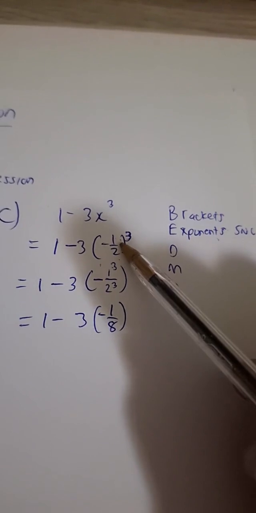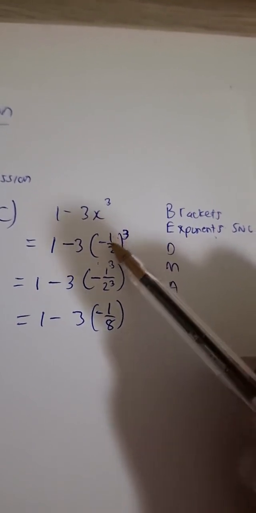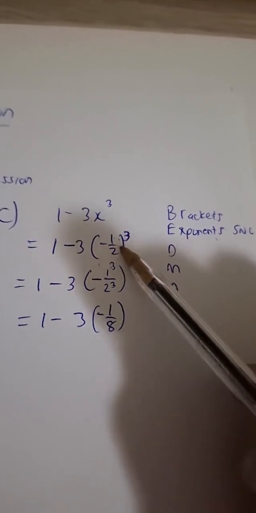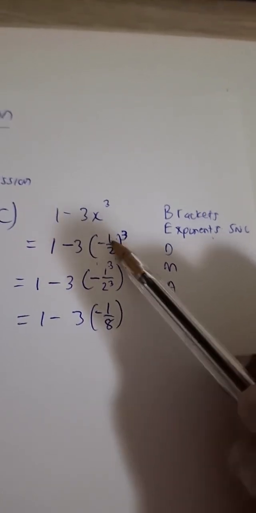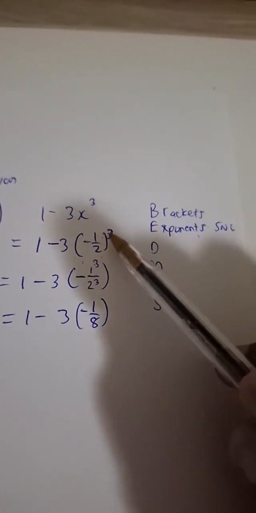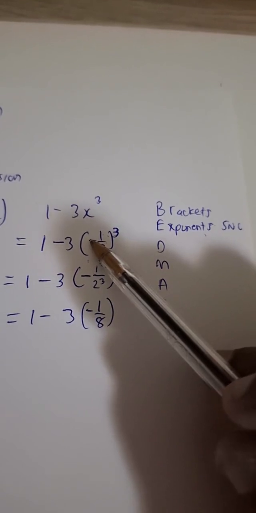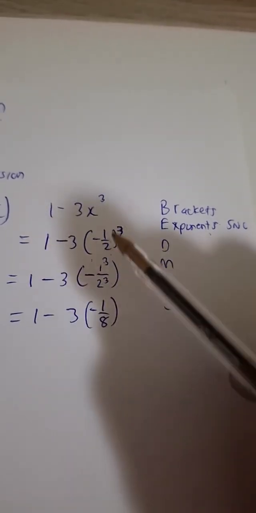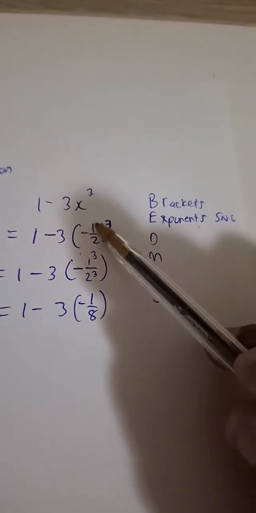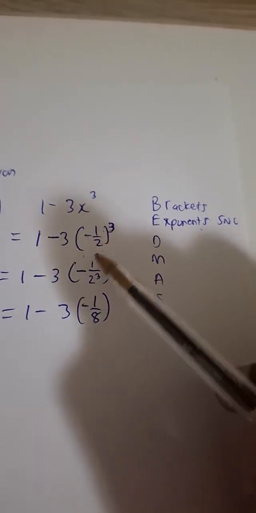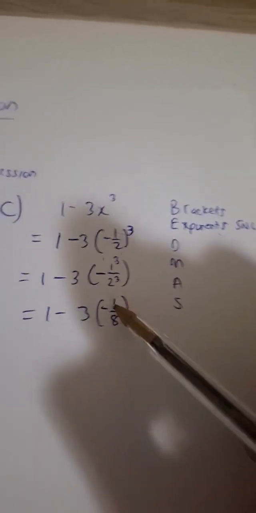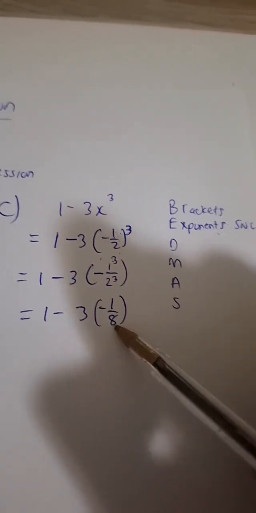When you are looking at the exponent, applying it inside that bracket, make sure it's one term. If it's not one term, you need to simplify what's inside. If it's one term already, then you need to remember an odd exponent applied to a negative sign leaves us with a negative. Then you apply the exponent to the number in the numerator and the number in the denominator. 1 cubed over 2 cubed, which gives us negative 1 over 8.